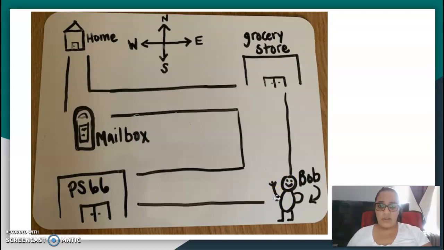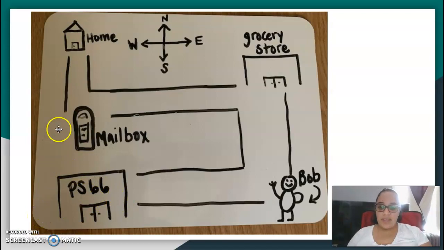Which direction would we go? Would we go north, east, south, west? What do you think? Yeah, we would go west because that's also the same direction that the arrow is facing, west. And boom, we're at PS66.